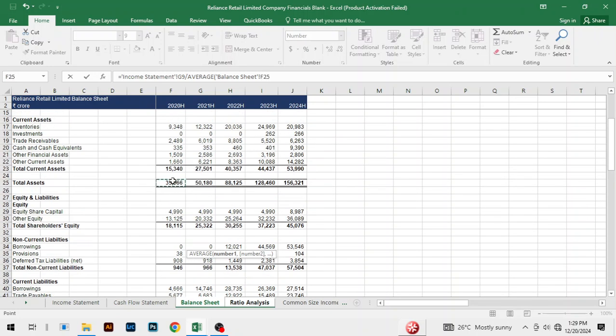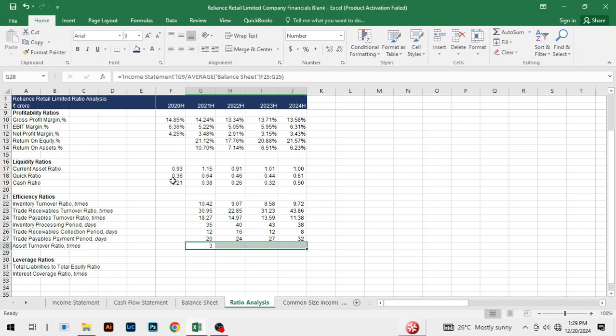So let's look for average total assets here. Perfect. Obviously we measure the asset turnover ratio in times, right? But sometimes we might say the company generates about $3 in revenue per each dollar of assets. We have got a lot of degrees of freedom to explain this ratio whichever way we want, right?